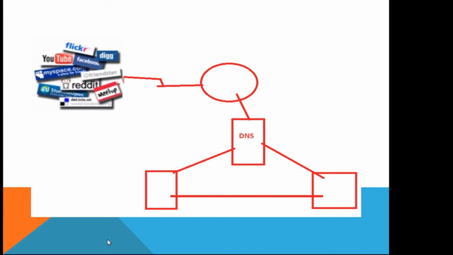When you send the request to your DNS, DNS checks the entry in its own database. It says, hey, I do not have any entry for facebook.com, and I have no idea about facebook.com. It simply sends the request to another domain controller. We'll look into this. I just want to show you the structure and how this query works.